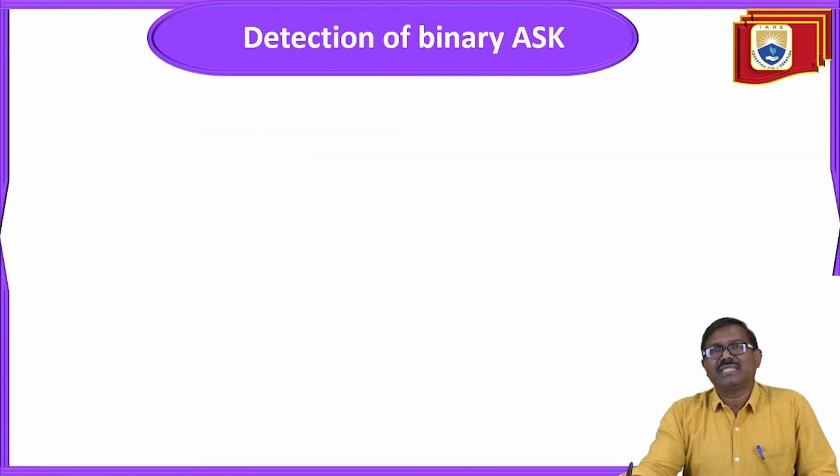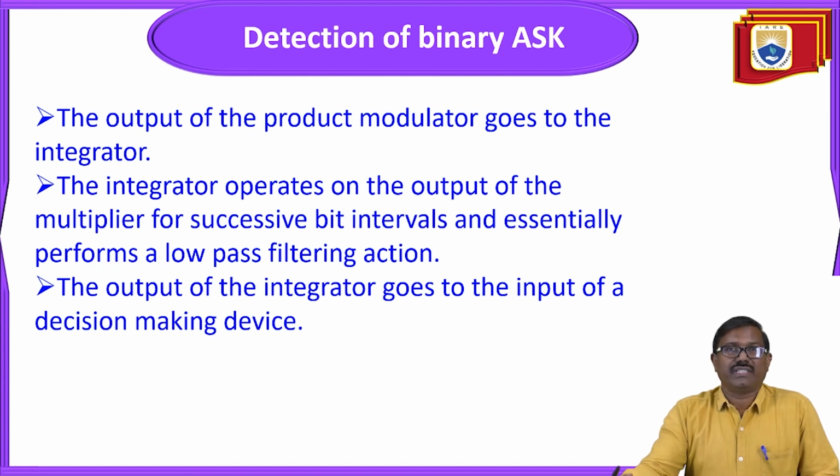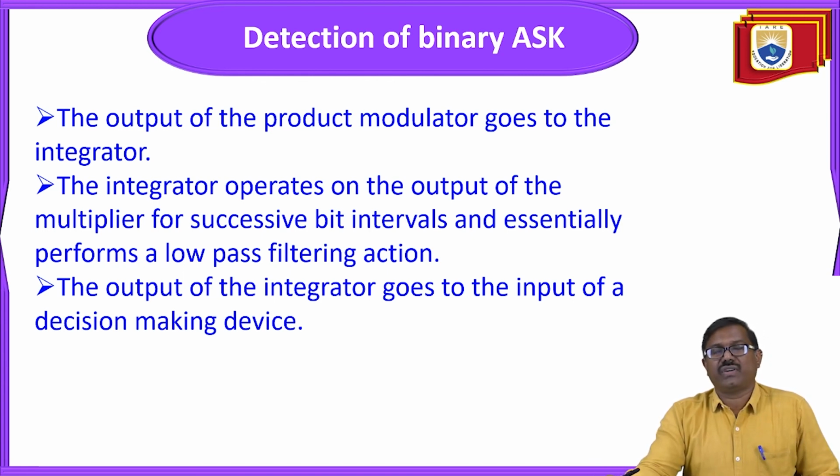That's why synchronized or coherent detection is costly. Why? Because here we have to generate this signal with an oscillator, and the oscillator is costly. So compared with coherent and non-coherent, coherent is the costly one.